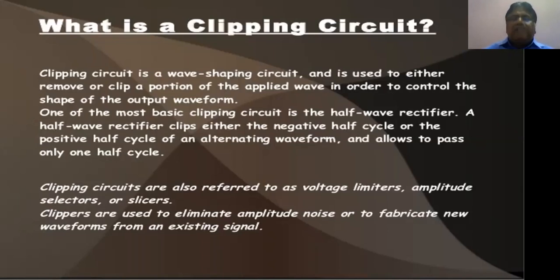An alternating waveform means an AC signal, which is always applied to the input side, and only one half cycle is allowed to pass. In a half-wave rectifier, during the positive half cycle only the positive portion is allowed, and during the negative half cycle there is no signal.